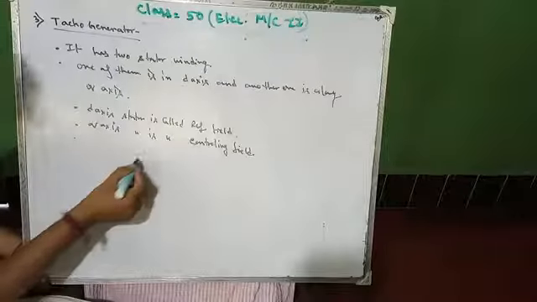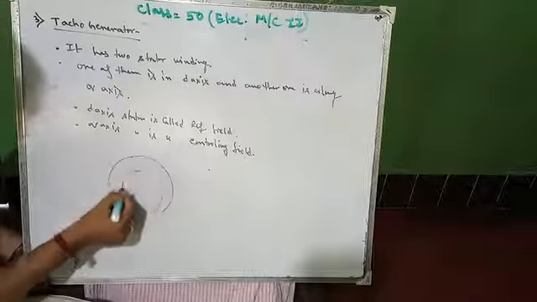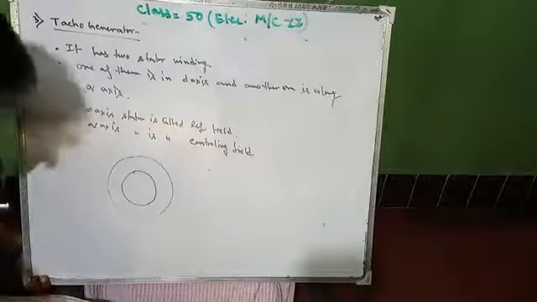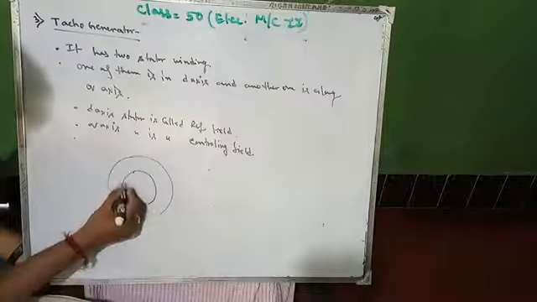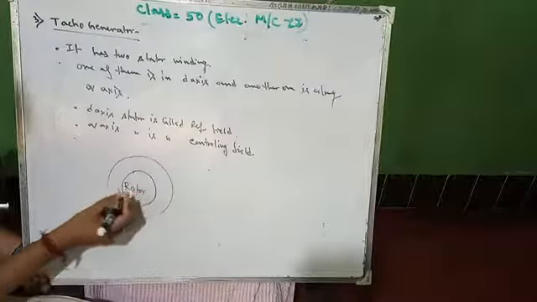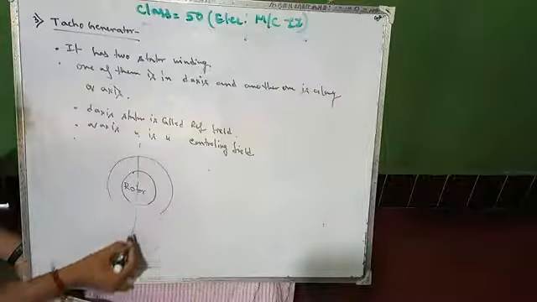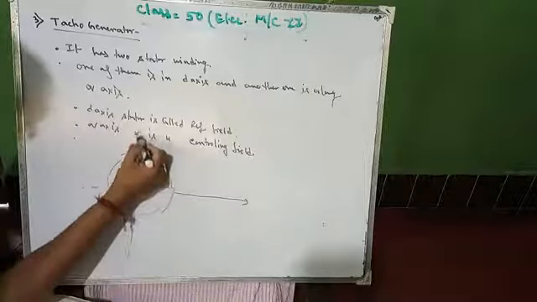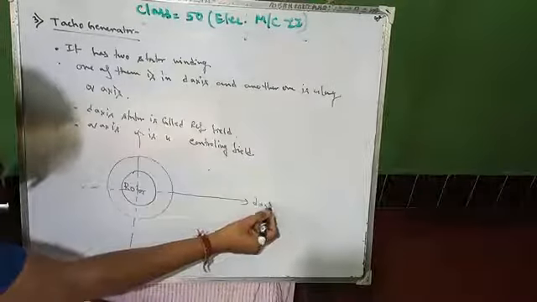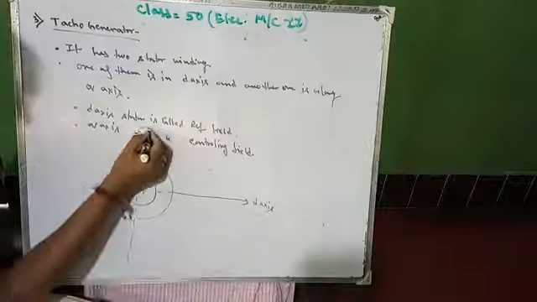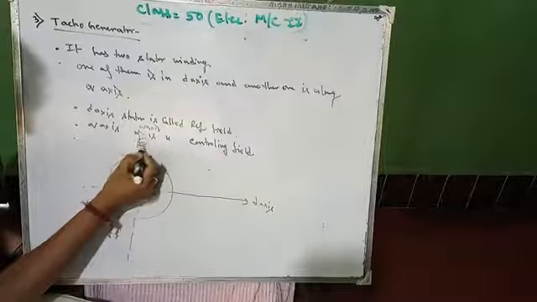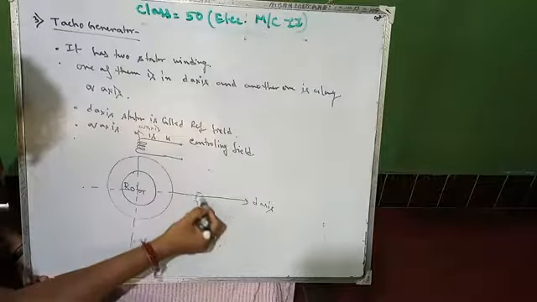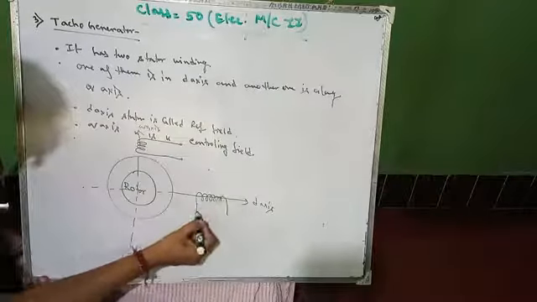Okay, so what will be the structure? Suppose we treat it as a rotor and a stator. Suppose this is your q axis and this is the d axis. Over the q axis one coil is here and another is along the d axis.